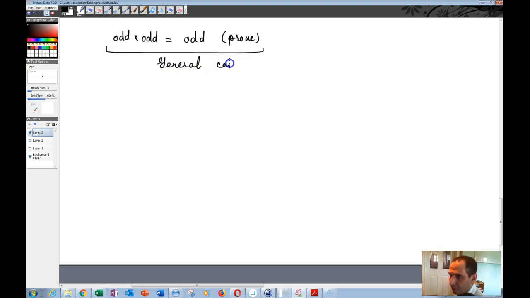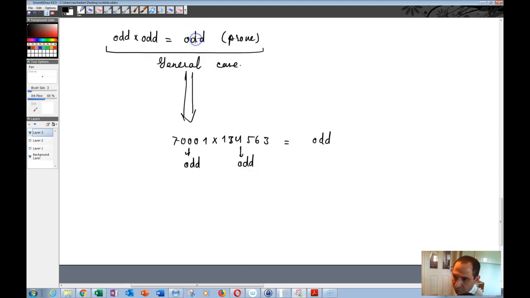Okay. So now, based on this general case, you can conclude that, for example, any sort of odd number, for example, this number over here times, for example, 134, for example, 563, the product of these two numbers is going to be an odd number, because this is an odd number and this is an odd number, and over here we have established or proved that the product of two odd numbers is going to be an odd number.